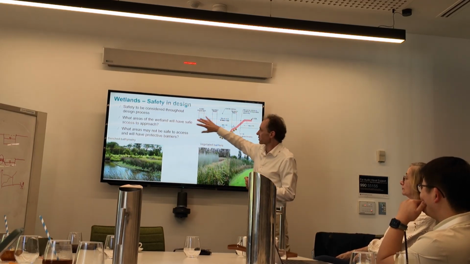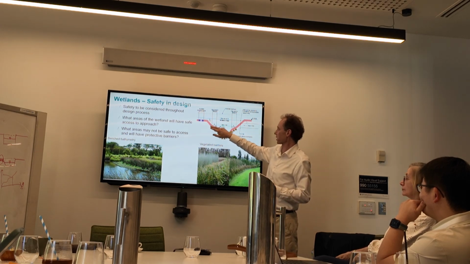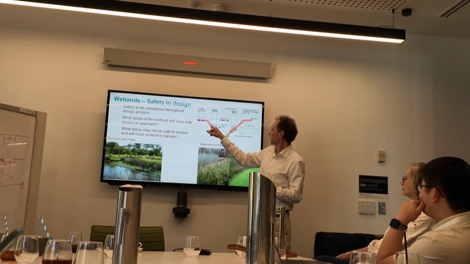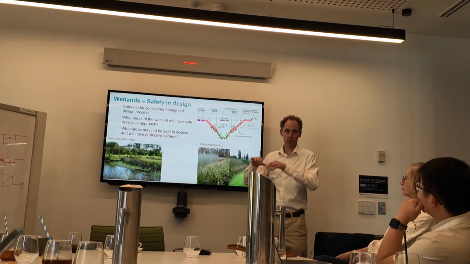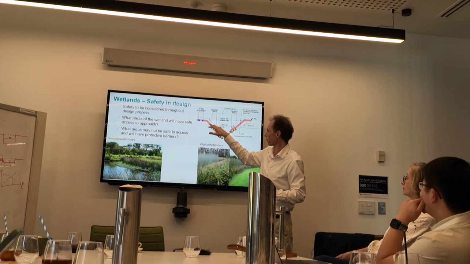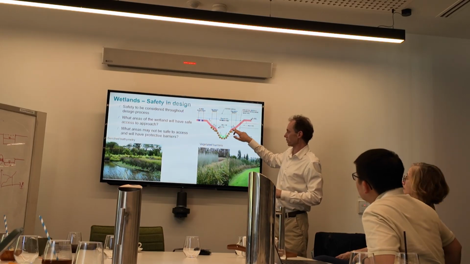But in terms of engineering design, there are things we can do as well. Our guidelines for wetlands in Melbourne say you must have a slope that is no more than 1 in 8 for a certain distance on each side of the wetland as people are coming down into it. You've got to have batter slopes of 1 to 5 above that. And only then can you have a deep pool.